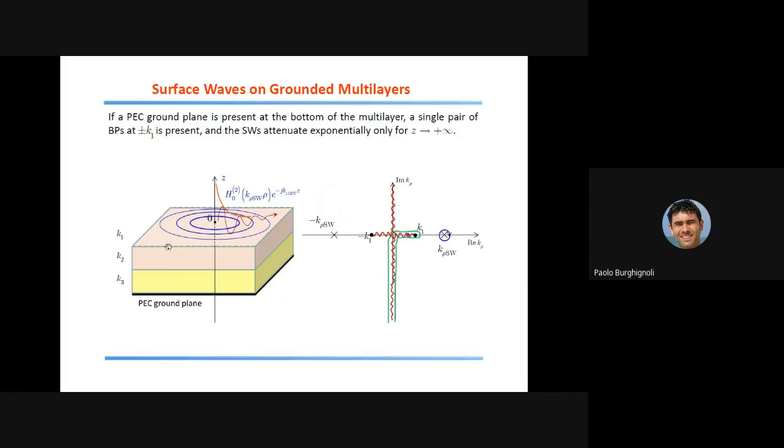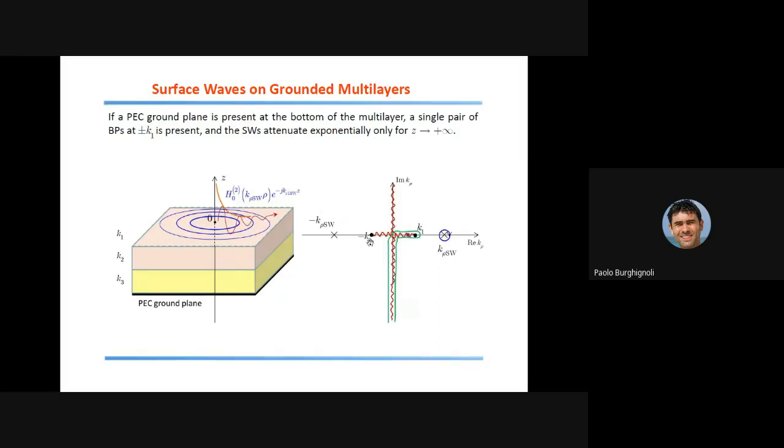So this is what occurs for the layers number 2 and number 3, whereas for layer number 1, if this layer is semi-infinite, that is, the structure is like the one in this figure, then the square root that defines the vertical wave number defines a two-valued function.